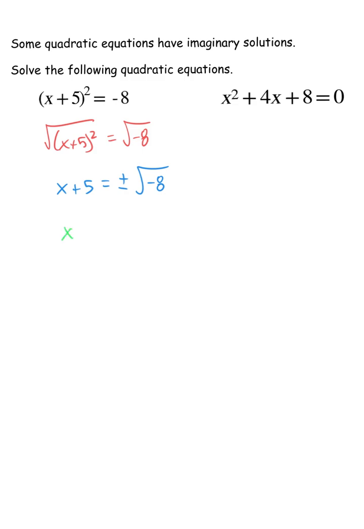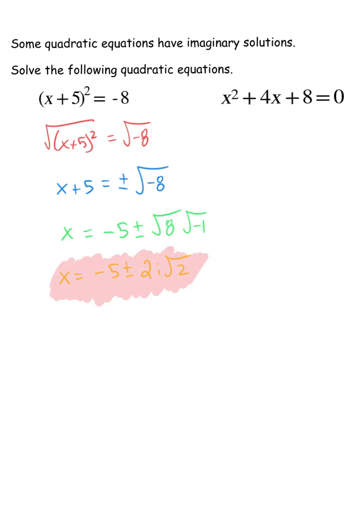So x equals negative 5 plus or minus, and this is now we know square root of 8, square root of negative 1. So x is equal to negative 5 plus or minus 2i square root of 2. And that's the end of that problem.